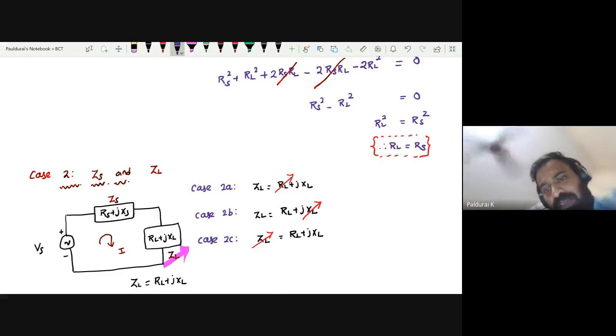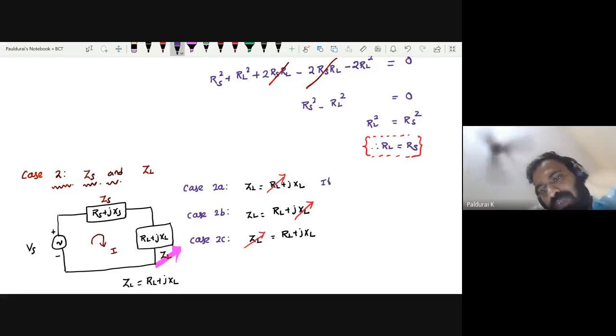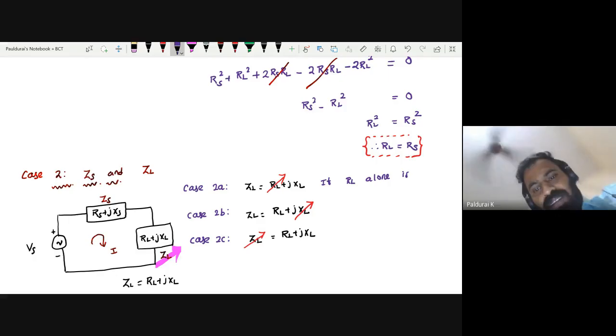So let me write in terms of statement. If RL alone, my load impedance consists of real and imaginary parts, but out of these, my real part alone is variable. If R alone is variable, what is the condition for maximum power transfer theorem?